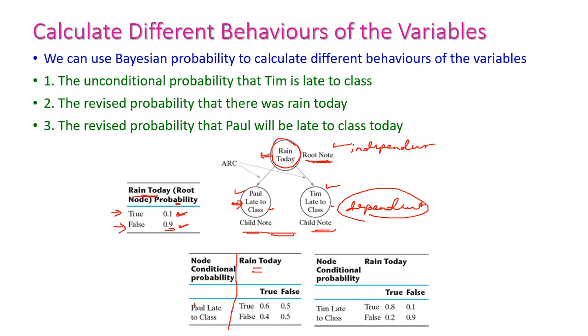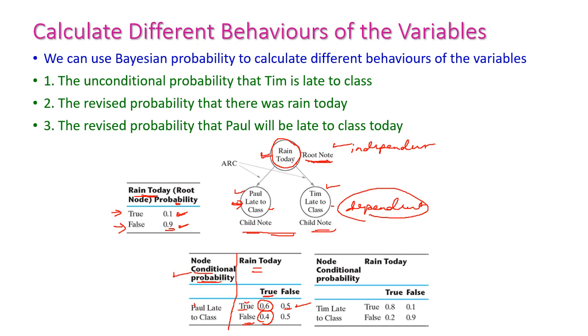Note the conditional probability. Paul late to class true and rain today true, the probability value is 0.6. Paul late to class true and rain today false is 0.5. And Paul late to class false and rain today true is 0.4.